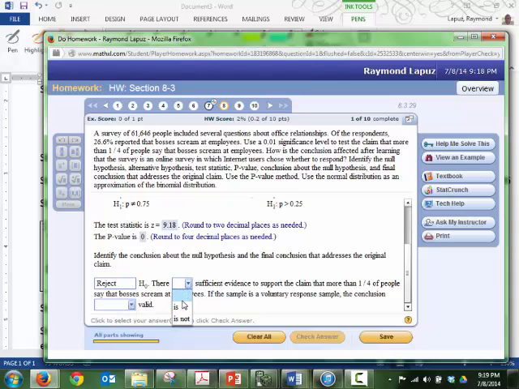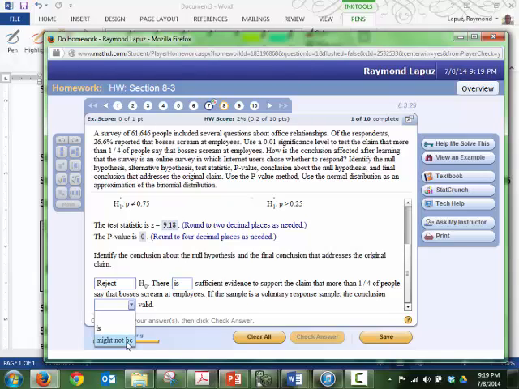There is sufficient evidence to support the claim that... if the sample is voluntary response, then is the conclusion valid or not valid? Why not? Because it's not a good sample.